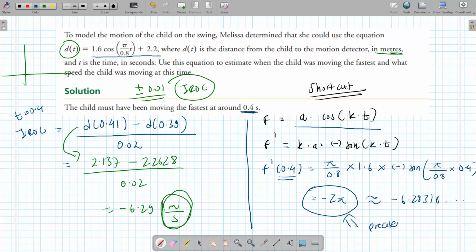We were pretty close, even though we did this way, right? It'll always give you an answer that's pretty close. But this one will give you the precise answer. Let's say when you're doing a multiple choice question and this option is not there, then you want to look for the next closest thing, which is negative 2 pi. If you do it this way, if you do it this calculator way.